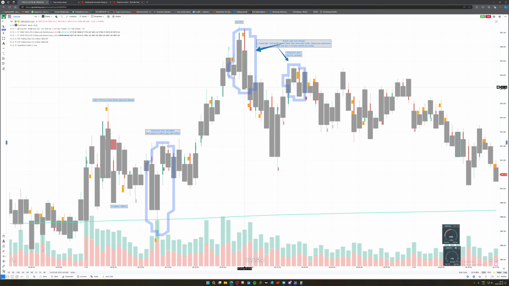What is really important is when we have a candle opening above the previous candle's value area. In this area it opened over here, but look, the value area closed below. It's not a gap, but it is a very great example.